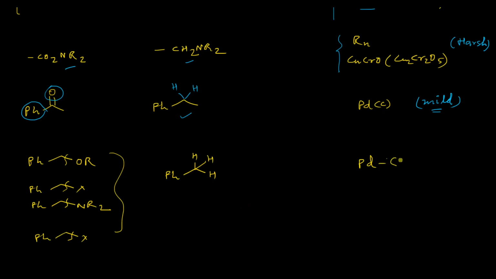So you can either use palladium on activated charcoal or palladium on any other support, depending on the requirement for that particular transformation. And reaction conditions are also very mild for this particular transformation.